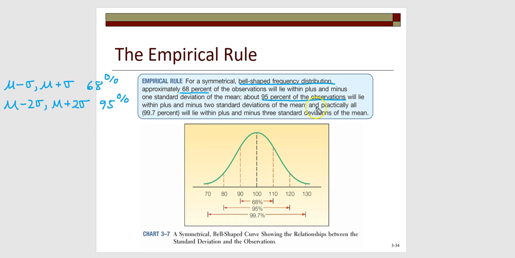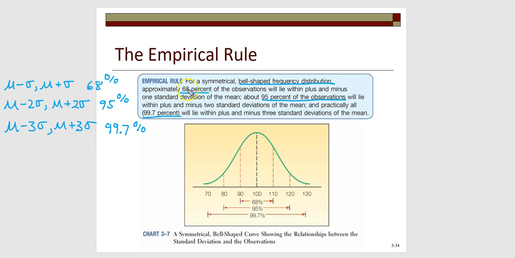And then finally, if you look within 3 standard deviations of the mean, you will have virtually all of your data, or 99.7% of all your data, lying within 3 standard deviations of the mean. So if you look at these two numbers, mu minus 3 sigma to mu plus 3 sigma, about 99.7% of all your data will lie between these two numbers, or virtually all of your data.